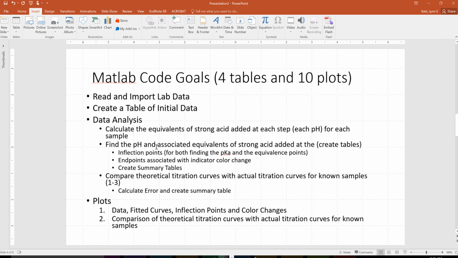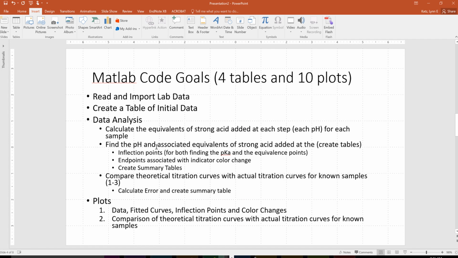There's then a loop that is used to calculate, for each of the samples, the equivalents of strong acid at each step, and it allows you to find the pH and associated equivalents of strong acid added at the inflection points and at the endpoints where we saw a color change.